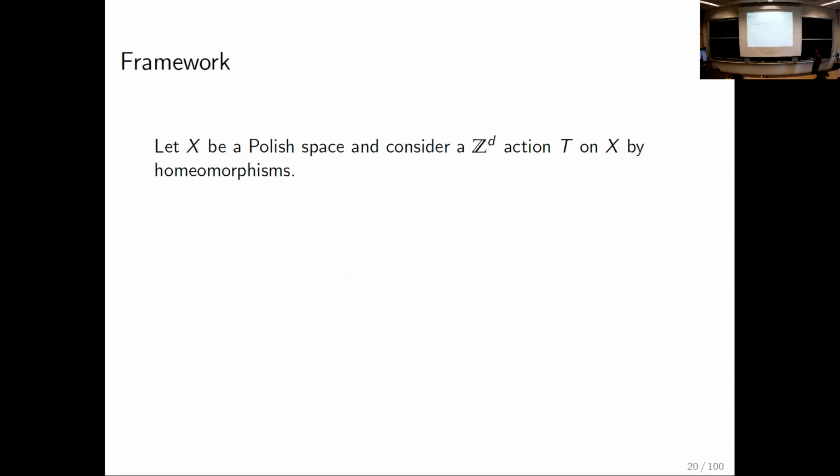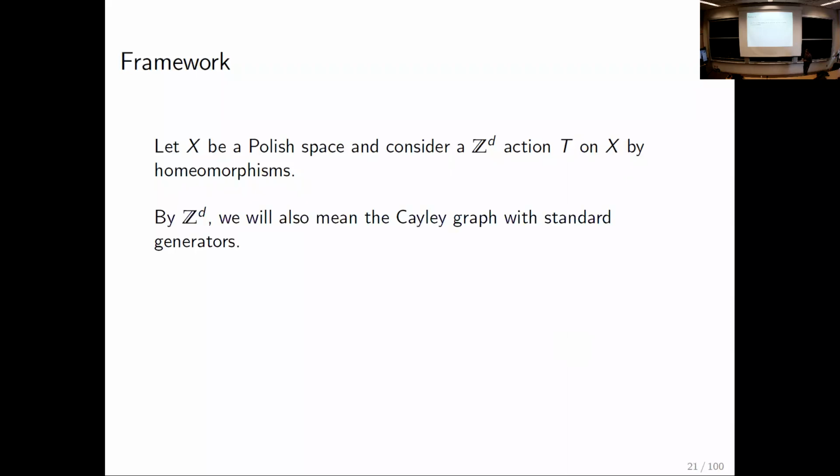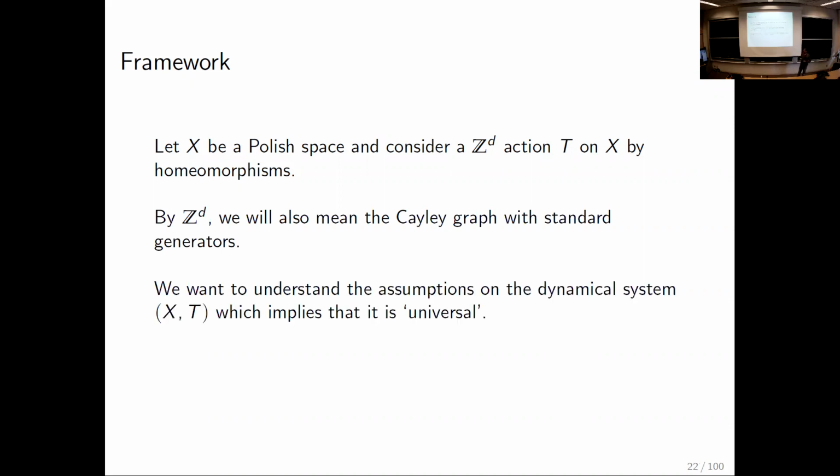So X is the compact space, and you have a Z action on X by homeomorphisms. And by that, we will also mean the graph, with its standard generator. What we want to understand is when a dynamical system X is universal. So what does universality mean?